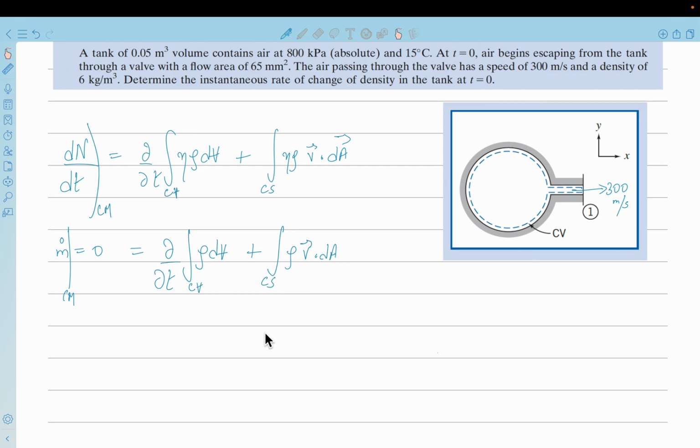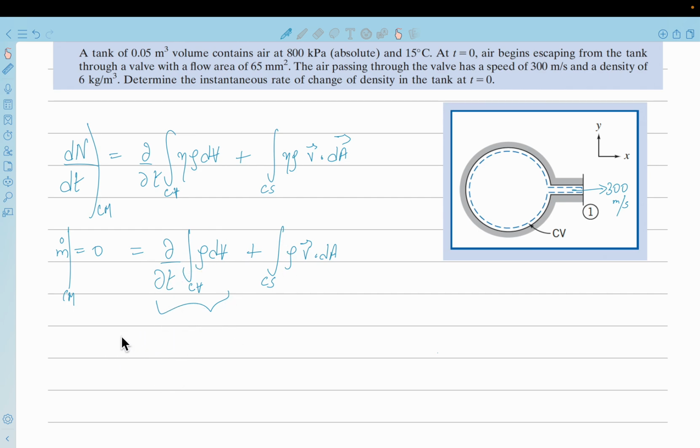Now in the previous questions, density was constant, so we took density out. This ∂/∂t of the entire volume became 0 for a rigid boundary. But now the density is changing, so this term cannot be neglected, and we have to in fact evaluate this term, because the density is changing with time, and it is from here that you will find how the density is changing with time. Okay.